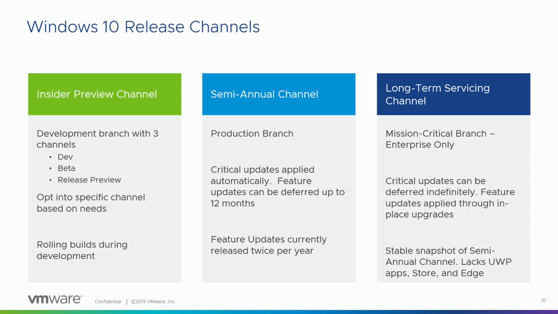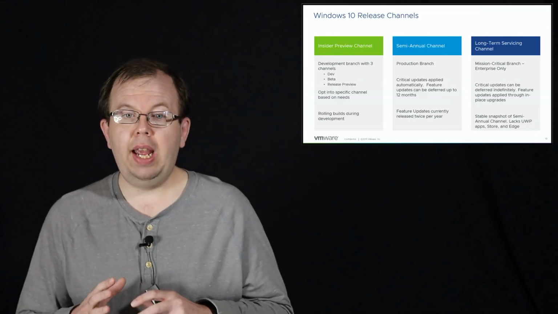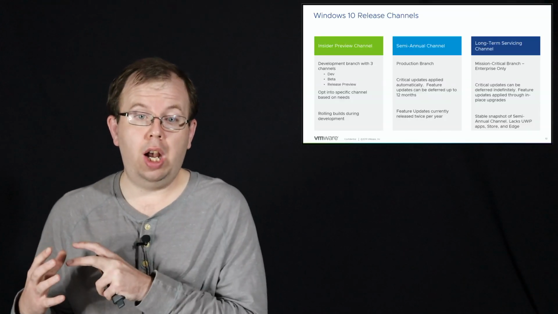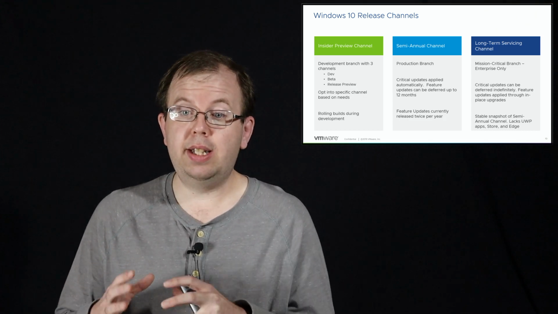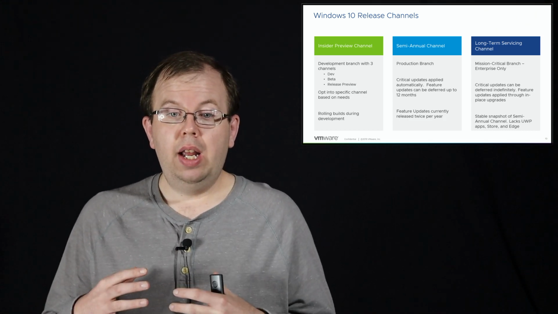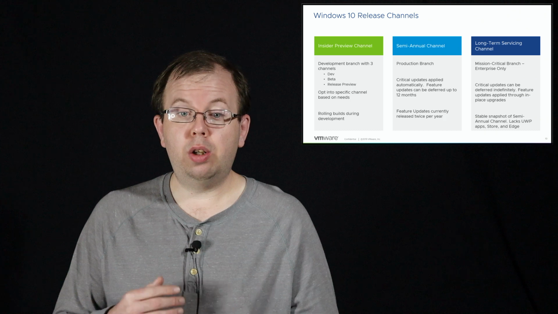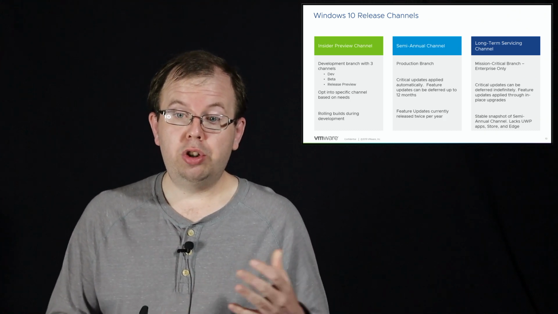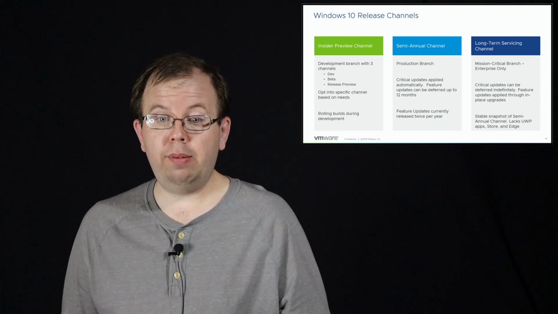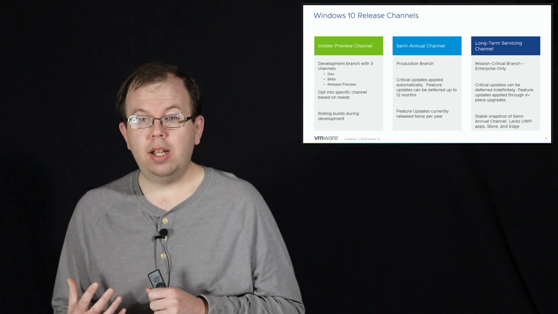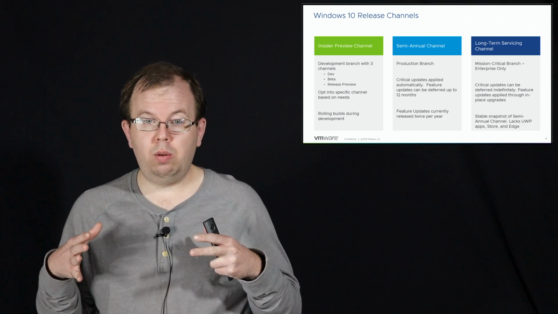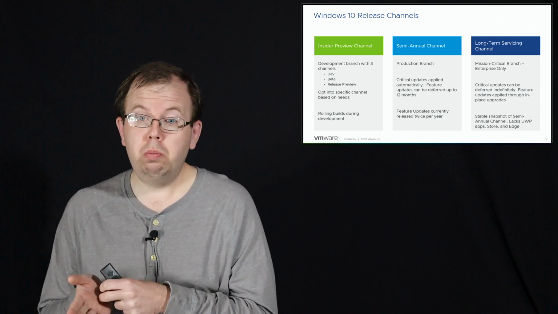Now, the next channel is the semi-annual channel. The semi-annual channel is a production branch of Windows 10. This is the main release. Now, this is released twice per year, usually once in the spring, once in the fall. And this is what you would deploy to most of your machines.